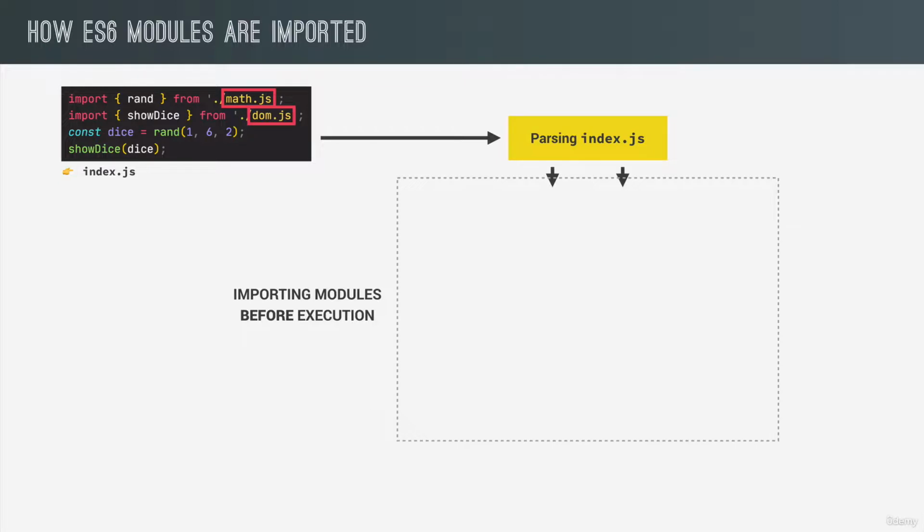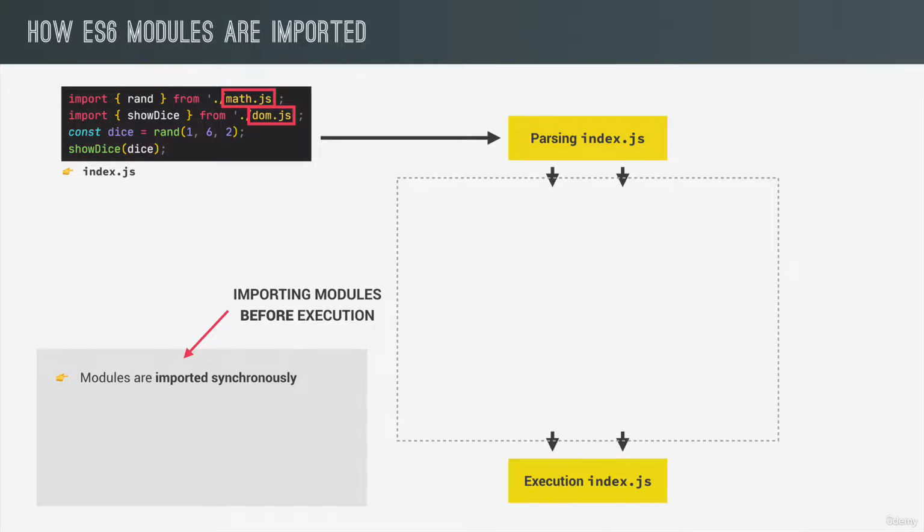Okay? So in this example, the index.js module imports the DOM and math modules in a synchronous way. What that means is that only after all imported modules have been downloaded and executed, the main index.js module will finally be executed as well.